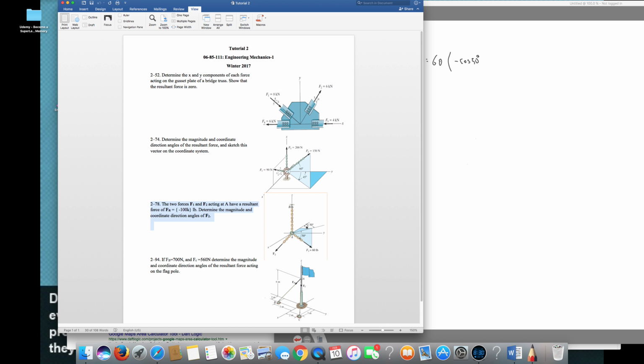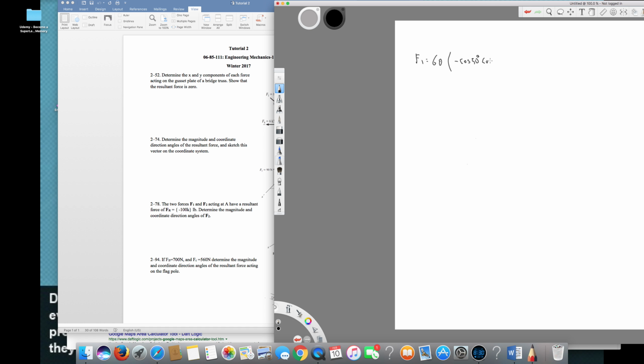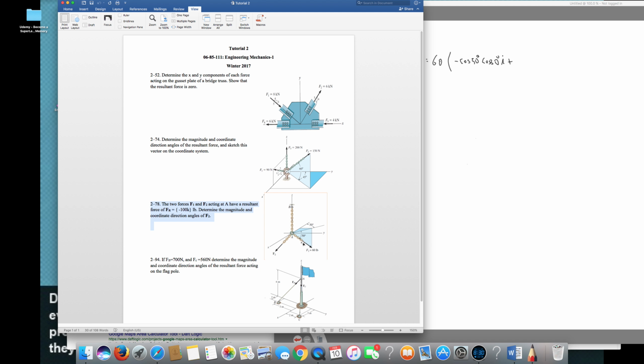So to make it to the 30 degree, I have to multiply this one by again negative cos 30 degree, and then this is the I component. To find the j component, it's still the same sign, but this time it's going to be positive because y is positive in this direction.